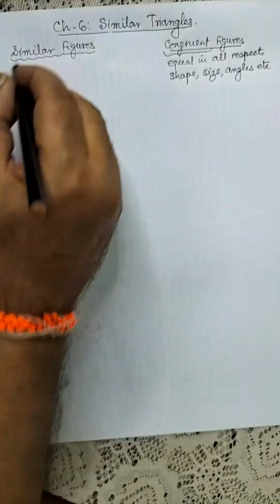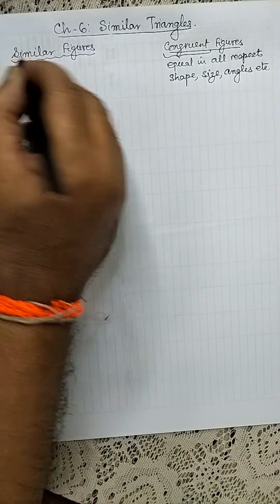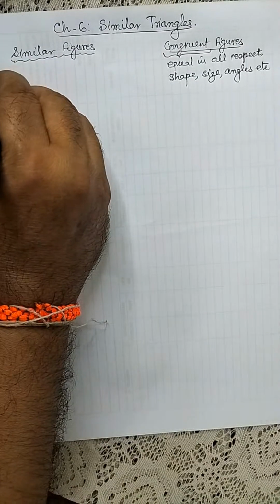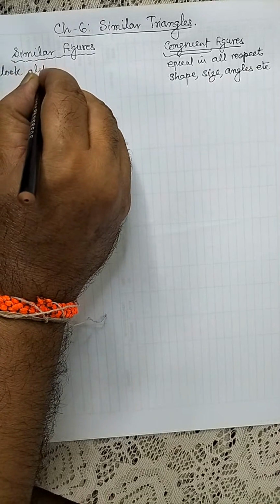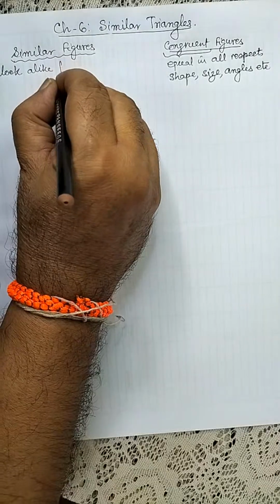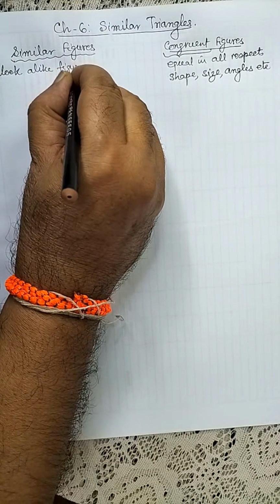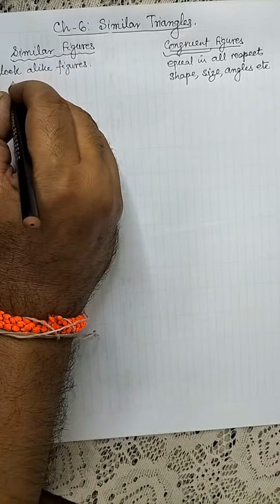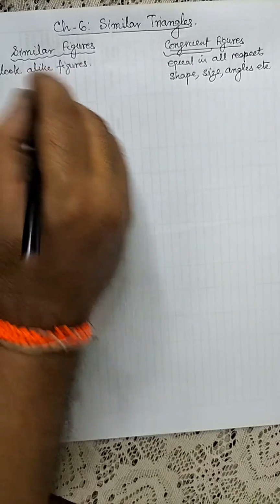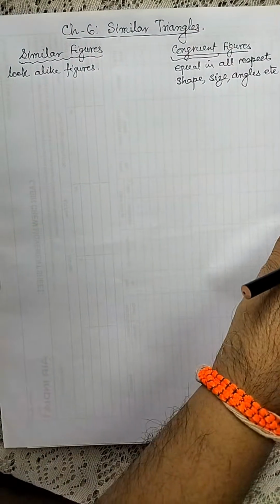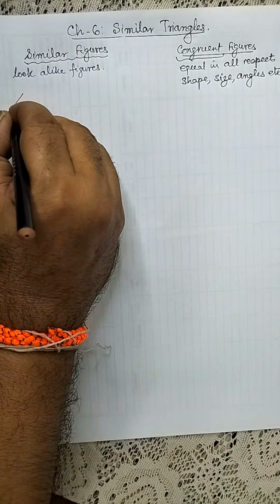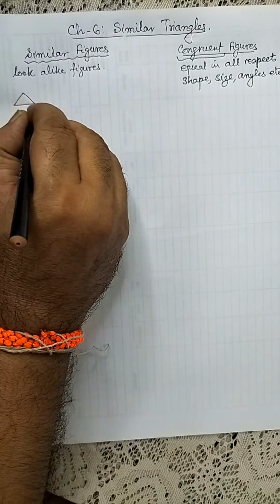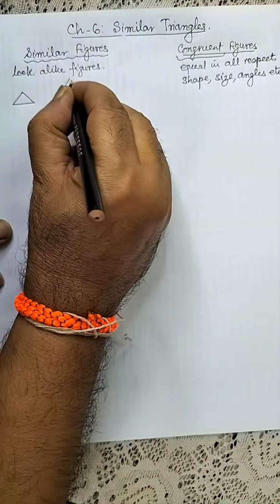Fine. In case of similar figures, we have look alike figures. That is, those which are looking alike. Their size may not be the same, like this triangle and this triangle.